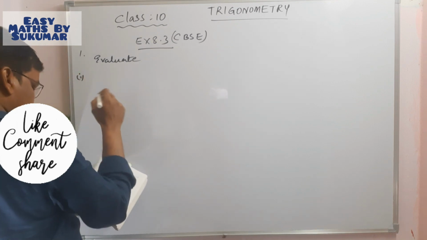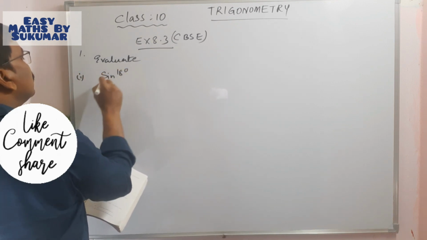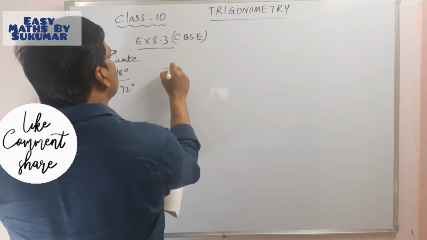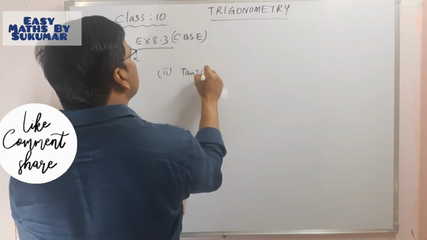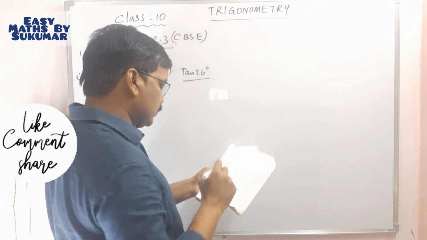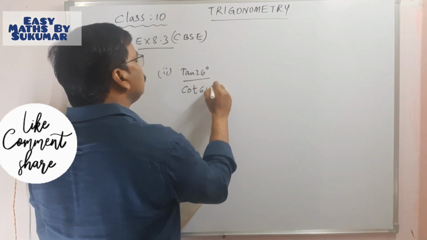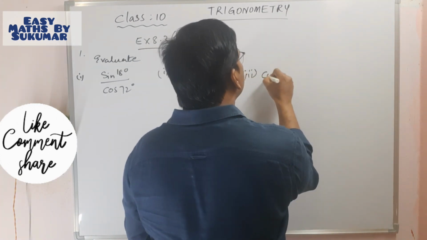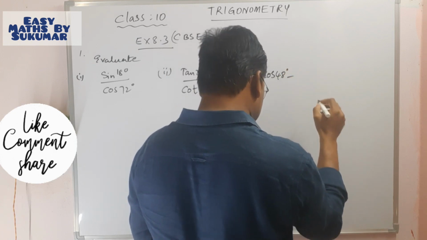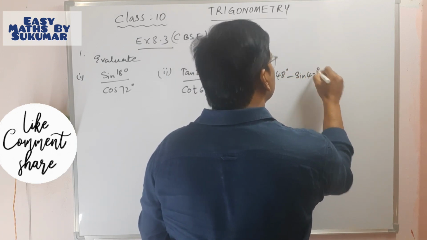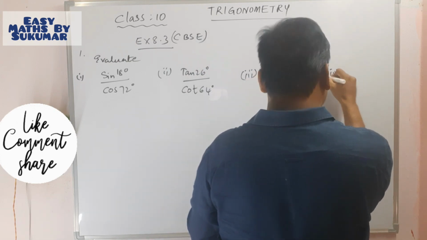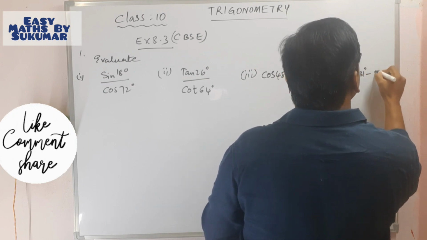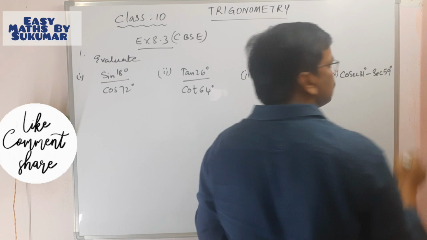the first one, sin 18 degrees by cos 72 degrees, and the second question is here, tan 26 degrees by cot 64 degrees, and the third one, cos 48 degrees minus sin 42 degrees, and the fourth one is here, cosecant 31 minus secant 59 degrees.